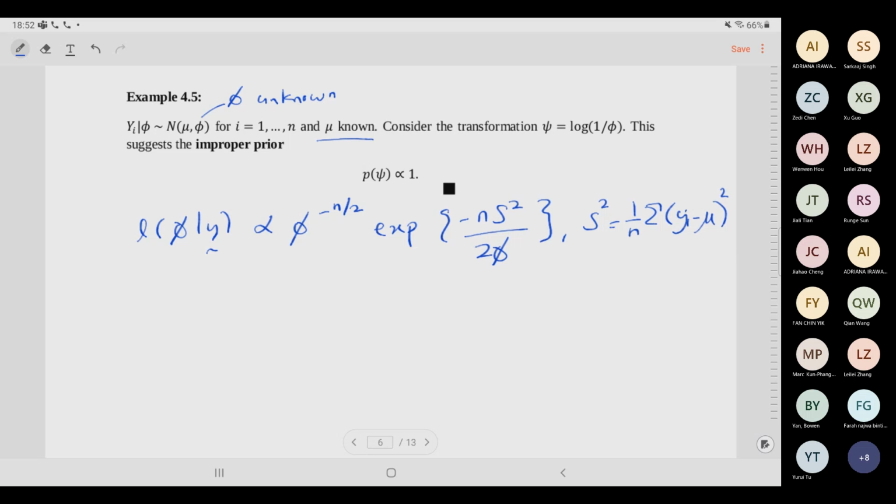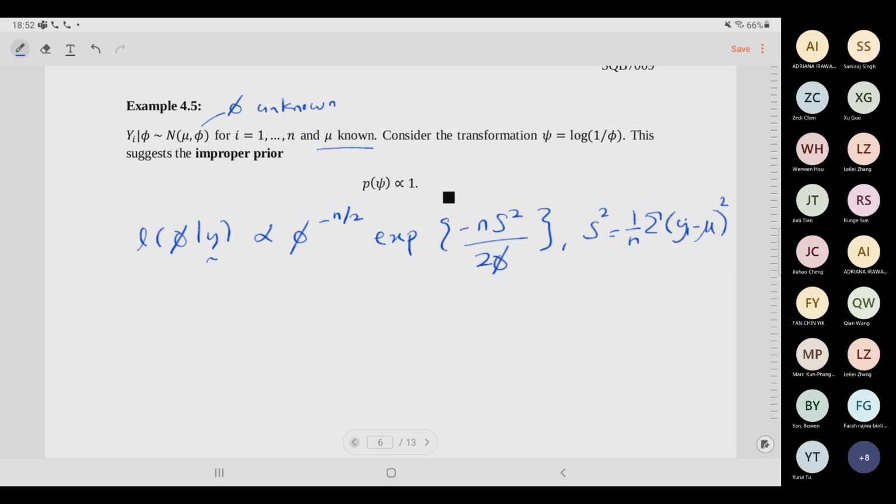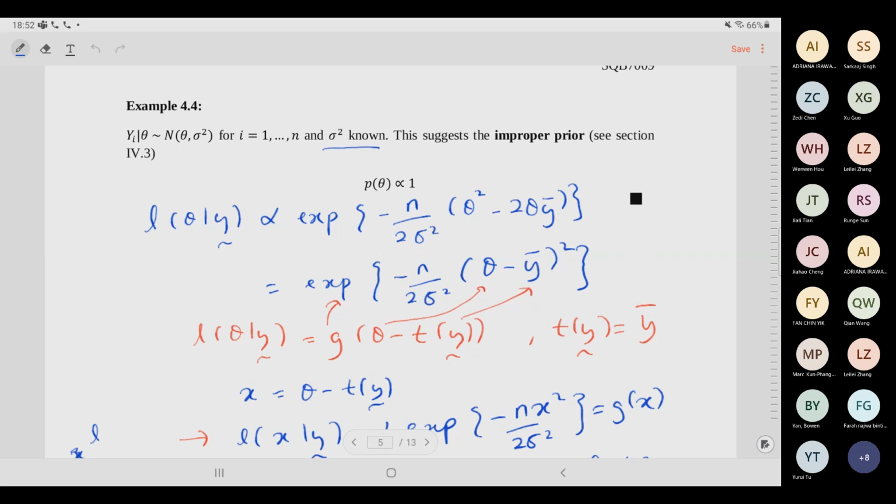If you look back at the previous example, this is a normal kernel where your variance is known, a constant, and theta, your mean, is unknown. The sigma square here is a constant, so it disappears. You only have theta here because theta is your parameter and sigma square is a constant.